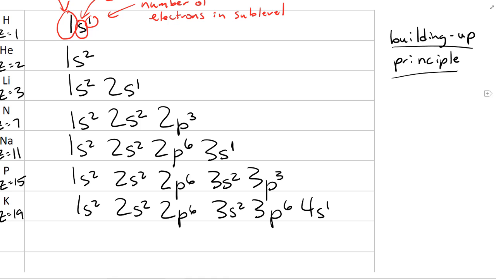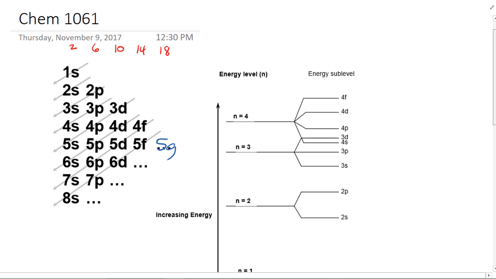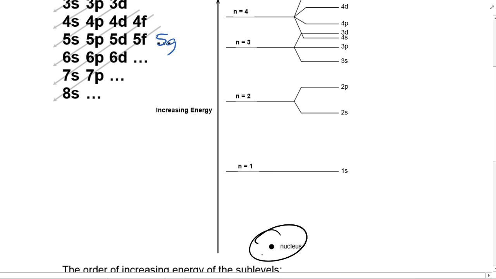So what happens now is that as we go away from the nucleus, if this is the nucleus right here, and we have our 1s and our 2s and 2p, remember the 2p is going to have more energy than the 2s because this has a more complex shape. Even though they may be the same average distance from the nucleus, because this has a more complex shape, it has more energy than the 2s.